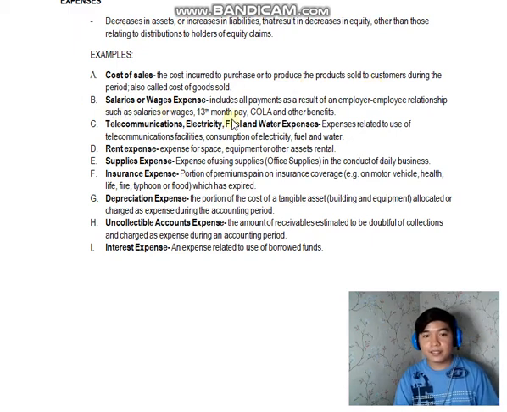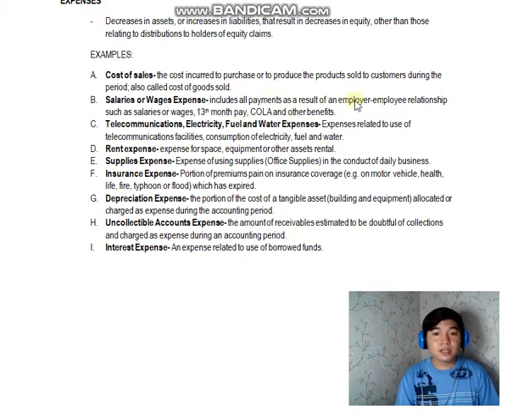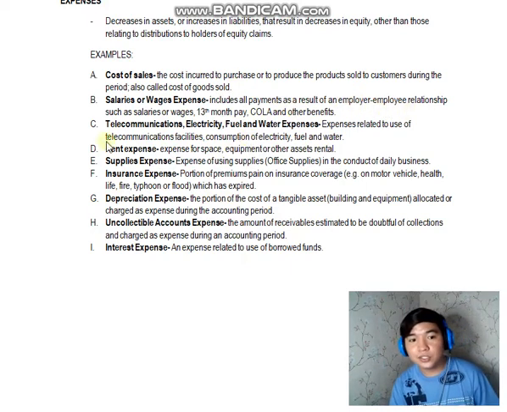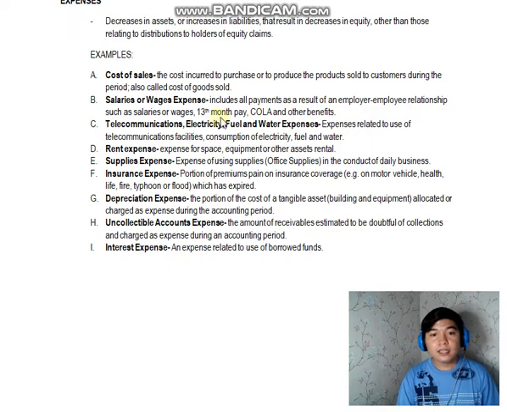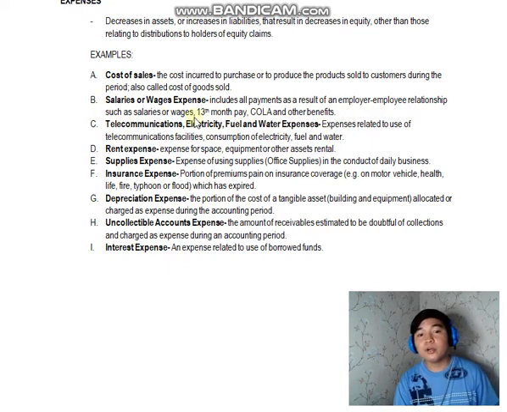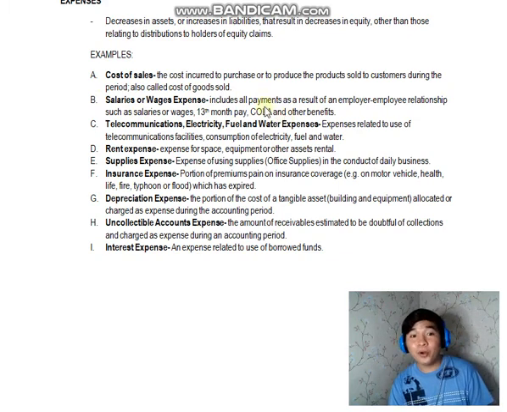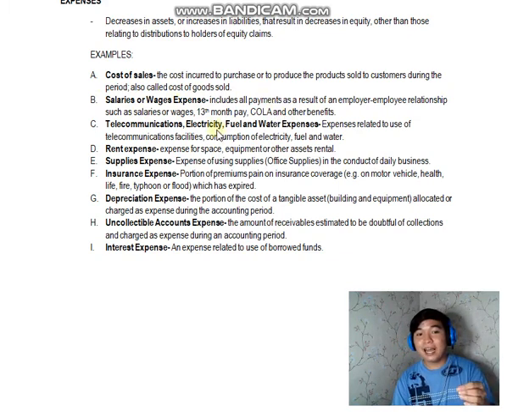Salaries or wages expenses. Very basic, okay? It includes all payments as a result of an employer-employee relationship such as salaries or wages, 13th month pay, COLA, and other benefits. When we say salaries or wages, ito yung bayad mo dun sa trabahador mo. Okay? So, dyan mo pinapasok na account. Okay? Sa salaries or wages expense. Telecommunication, electricity, fuel, and water expenses.